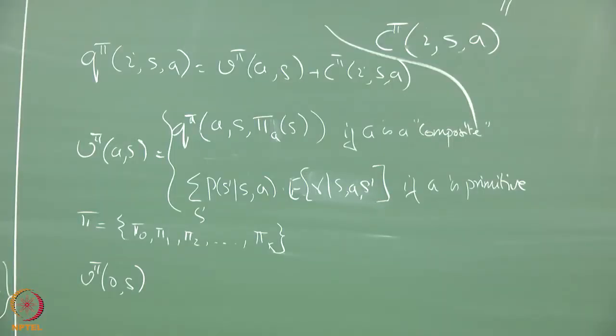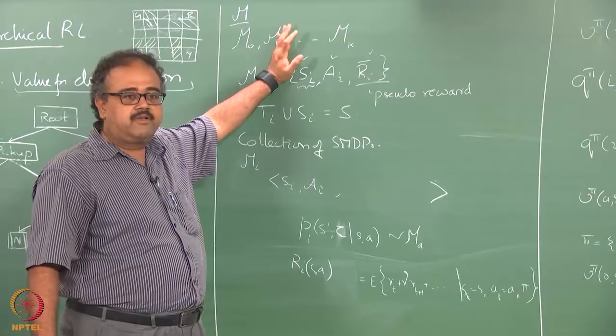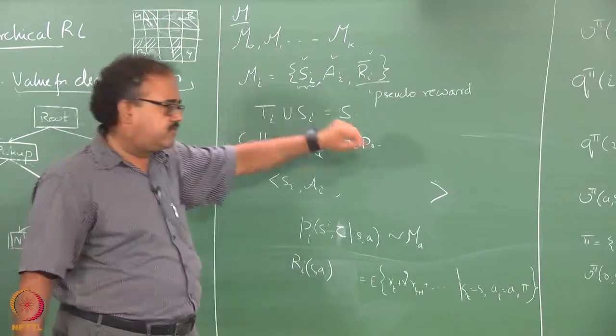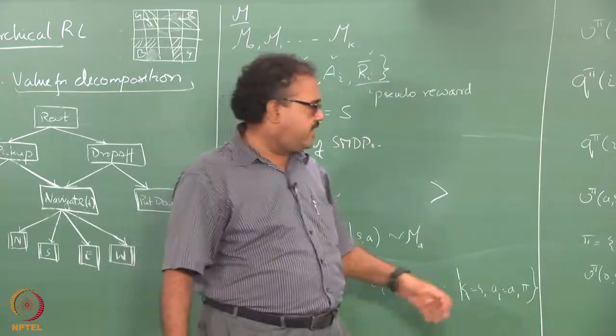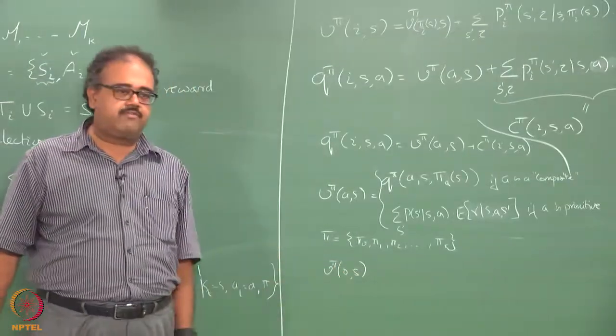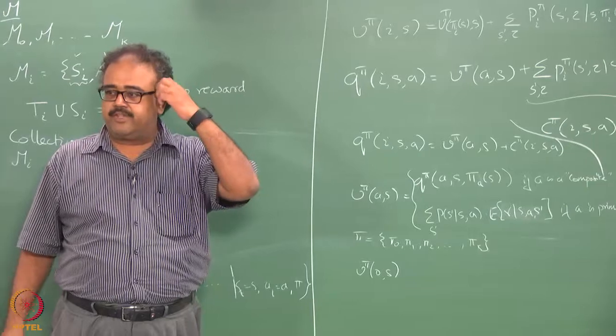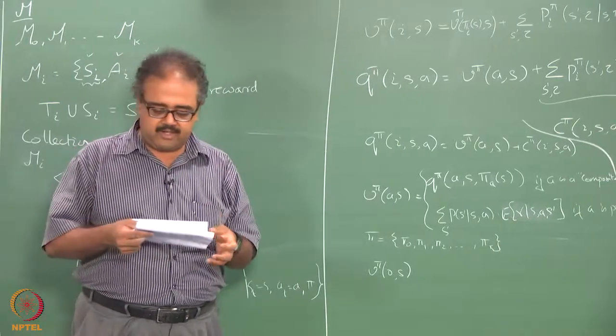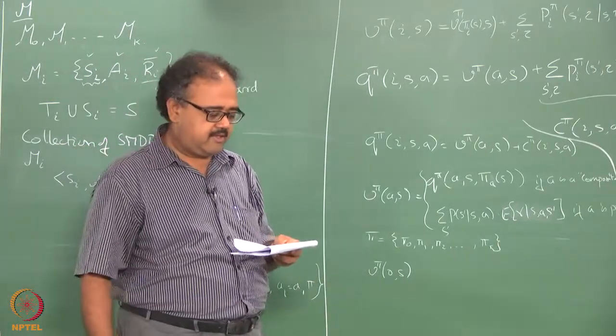I have m0 to mk. So pi 0 is the policy I will follow in m0, pi 1 is the policy I will follow in m1 and so on. Now I want you to write out the value function for state S in subtask 0. How will it look?